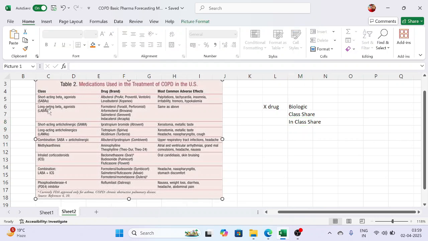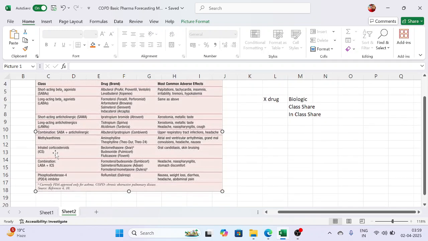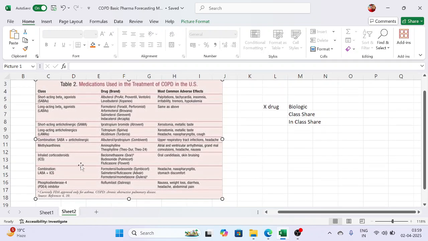So let's say we are talking about long acting beta 2 agonist, right? In the long acting beta 2 agonist class there are four drugs which I can see as of now. First, from among all those classes you need to see what the share of your drug's class is.